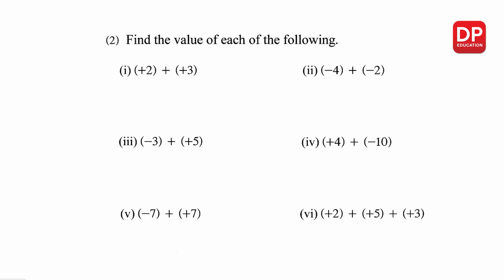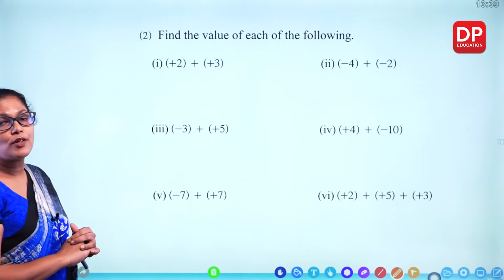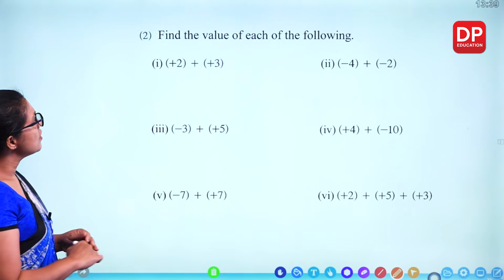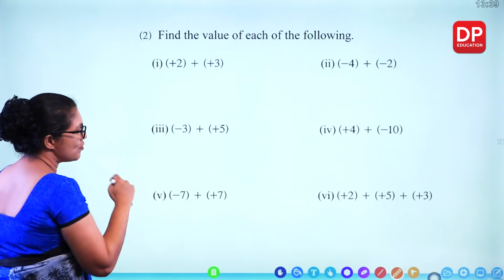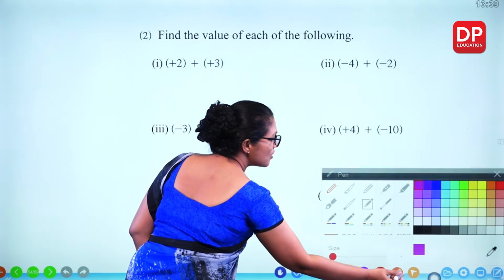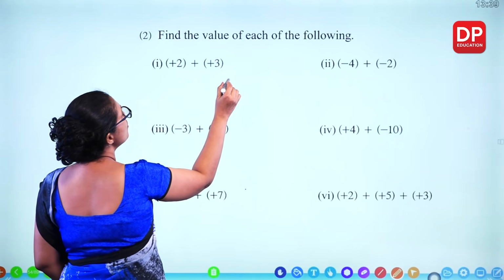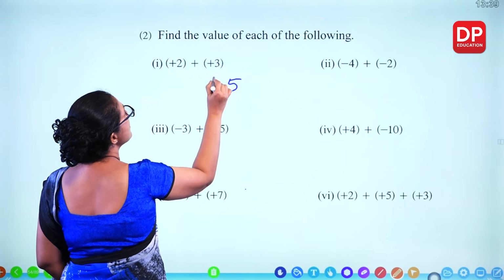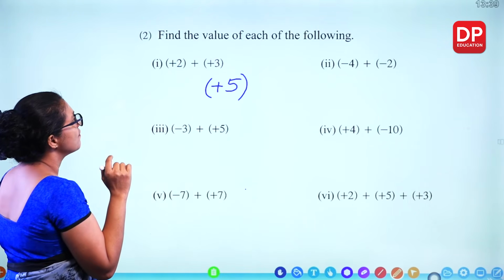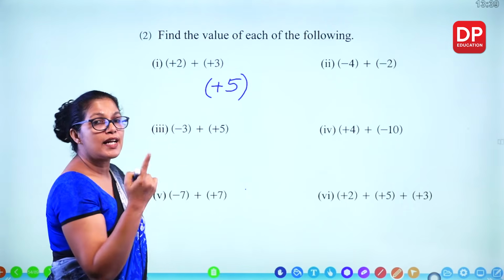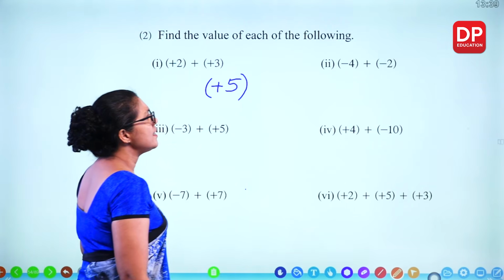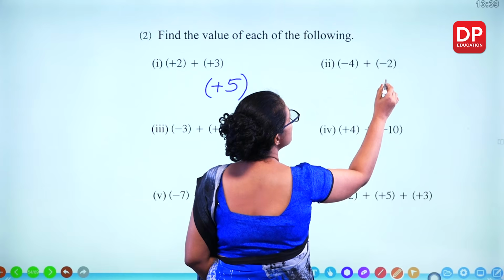Find the value of each of the following. You can do it at once. What's the condition? Both pluses means just add the two numbers. 3 plus 2, 5. So you get plus 5. Now both negative. That's also adding two numbers. 4 plus 2, 6.